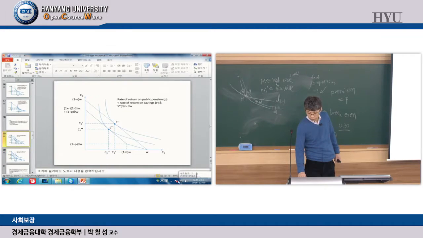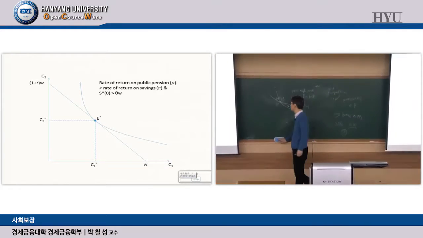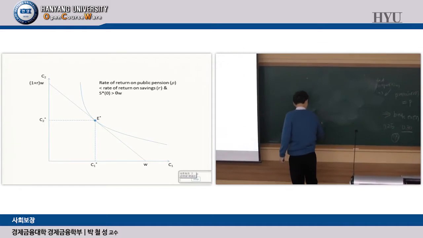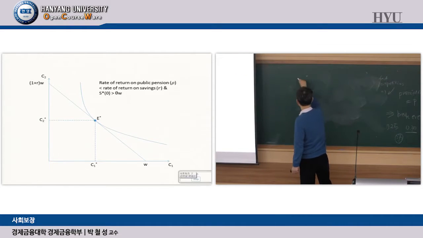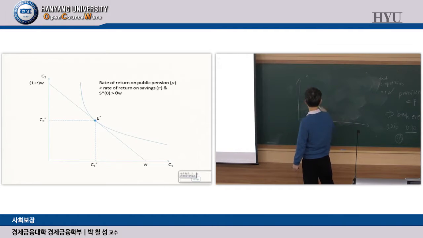Okay, if rho is greater than R, then it's gonna look something like this, right?